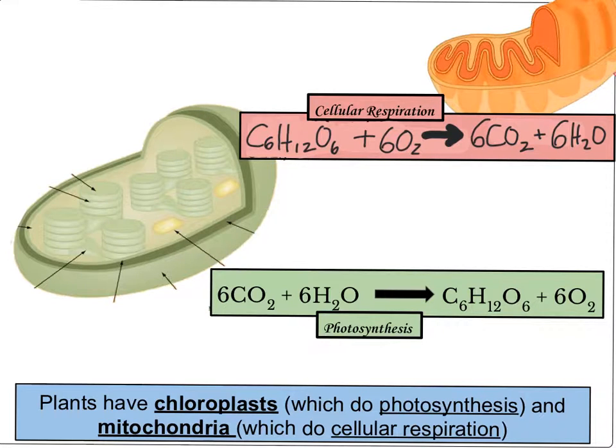So we have sugar, oxygen, making carbon dioxide and water. And then in photosynthesis, we have carbon dioxide and water going through photosynthesis to create sugar and oxygen.